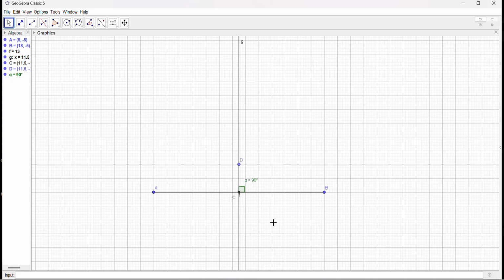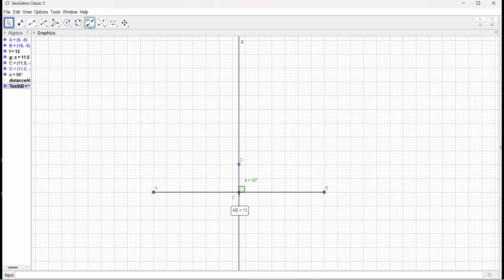Okay. Now I'm going to see whether this perpendicular bisector is dividing the line segment AB into equal halves or not. For that I have to measure line segment AB, line segment AC and line segment CB. Let's measure it. If you measure line segment AB, I can see the measure of line segment AB is 13 centimeters.